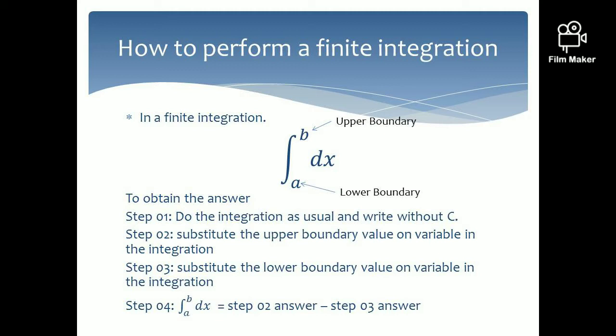At the final stage, you have to subtract the value obtained by the lower boundary from the value obtained by the upper boundary. Therefore, you subtract the step number 3 result from the step number 2 result to obtain the final answer. We will try to understand this much more clearly from the next example.